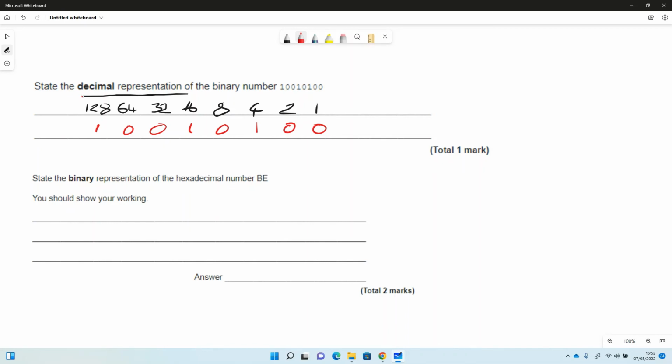And then we just need to add up the 1 times 128 plus 1 times 16, etc. So I've got 128. I've got a 1 times 16, a 1 times 4. And that's it in this case. So I'll do my adding up. 148 is our answer to that one.